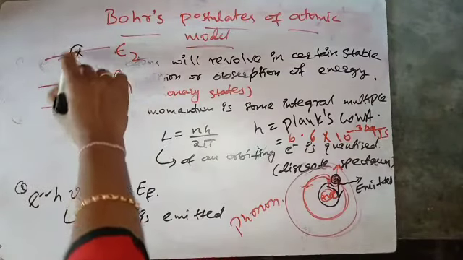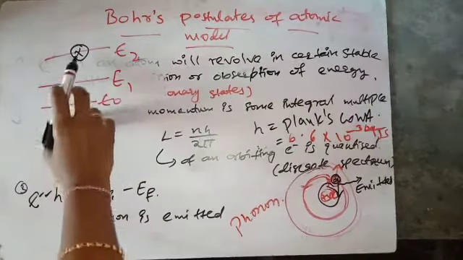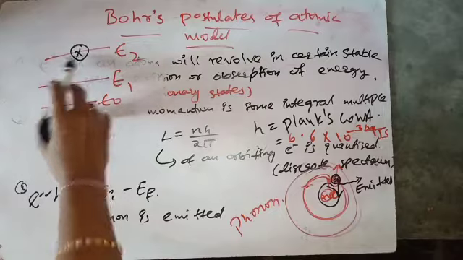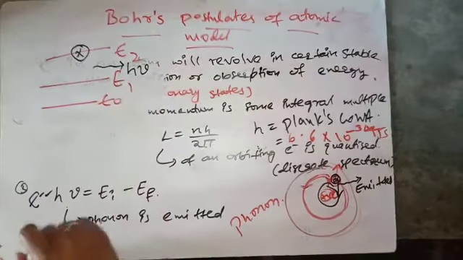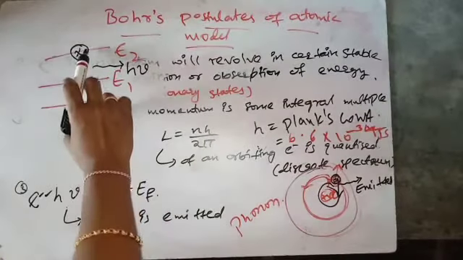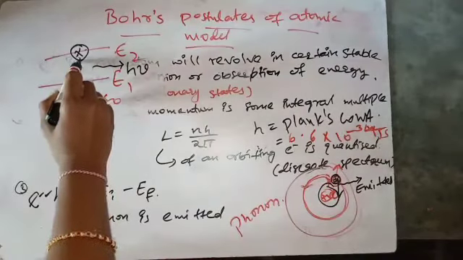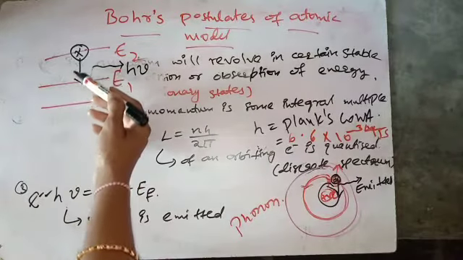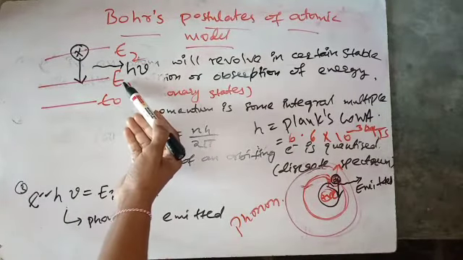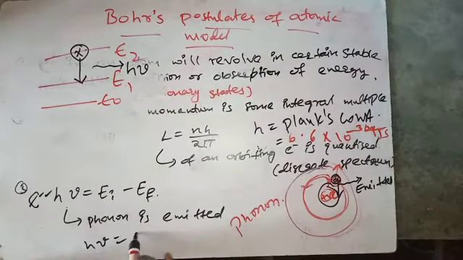If the electron is in the second excited state and emits energy equal to the photon energy h nu, the initial energy is E2, and after emitting this energy it will move towards the first excited state, which is E1. Therefore h nu is equal to E2 minus E1.